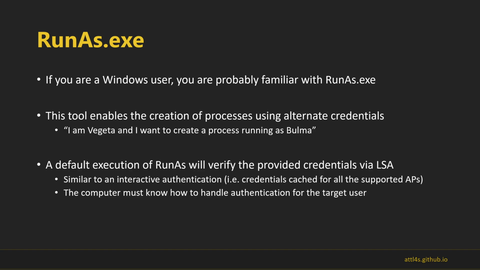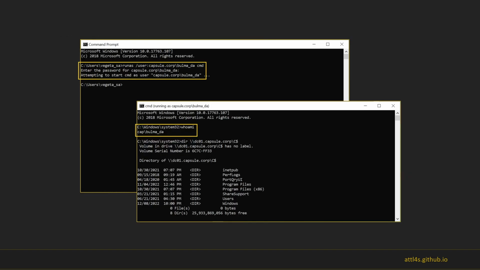Okay, the default execution of runas is going to verify the provided credentials. So that means that the computer must know how to handle authentication for the user you want to impersonate.